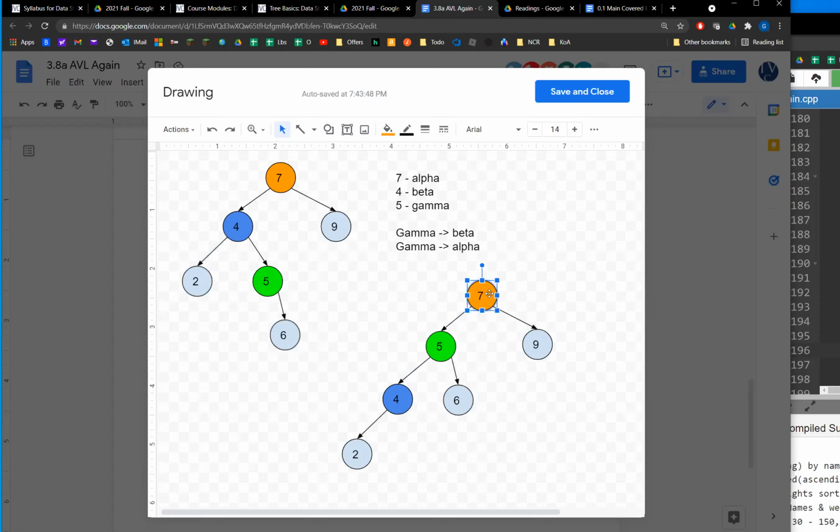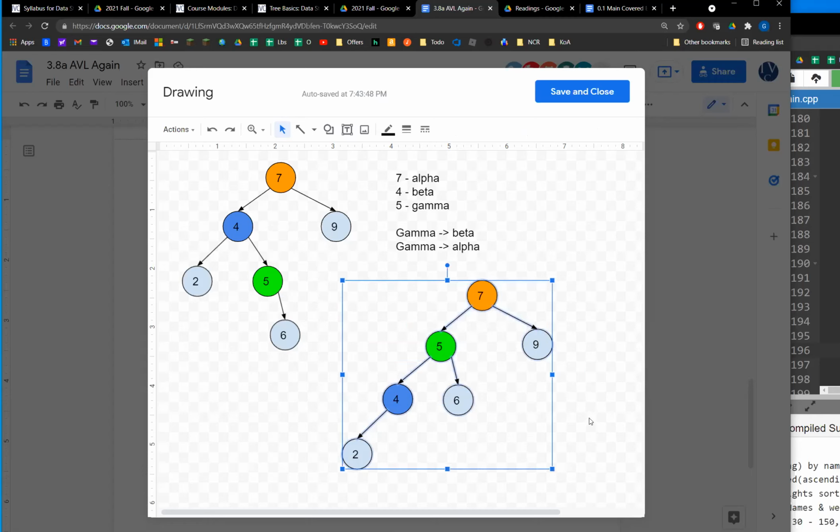It's still a binary search tree. The root is 7, values greater than 7 are to the right, and all values that are less than 7 are to the left. But there are 3 levels on the left-hand side of 7 and 1 level on the right-hand side. So we can't stop here.